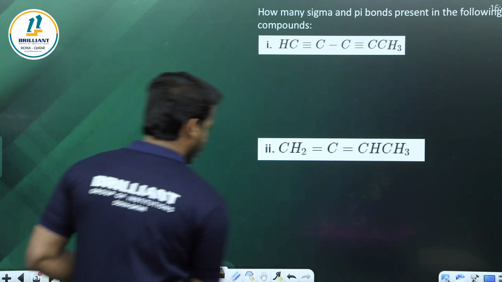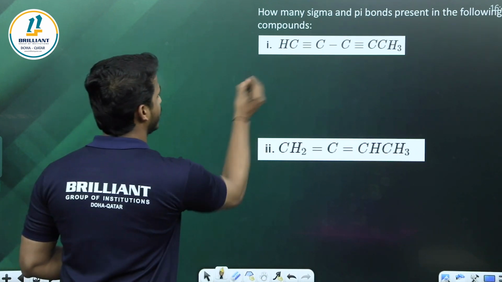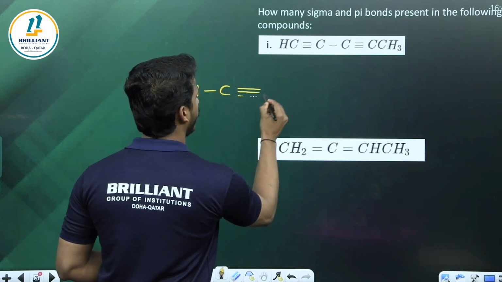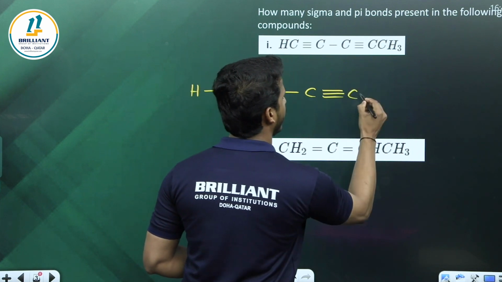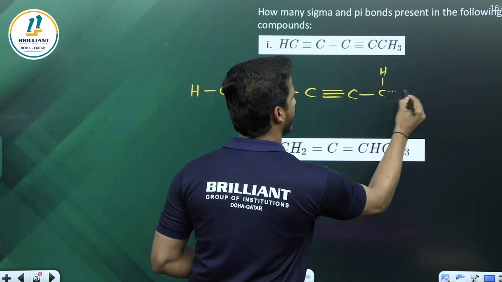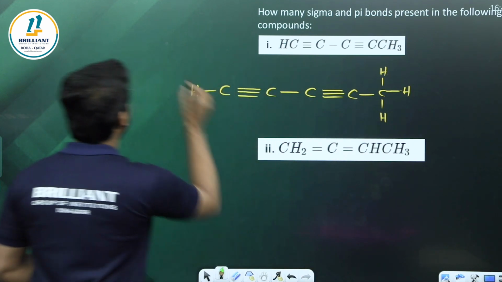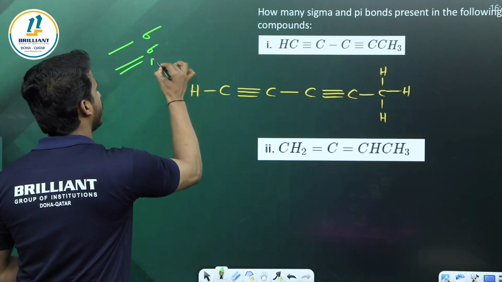Okay, let us start. Question 1 is the compound given as CH, triple bond C, single bond C, triple bond C, and then CH3. This is the complete expanded form of the compound. You know very well, each single bond is sigma. In a double bond, 1 sigma, 1 pi.